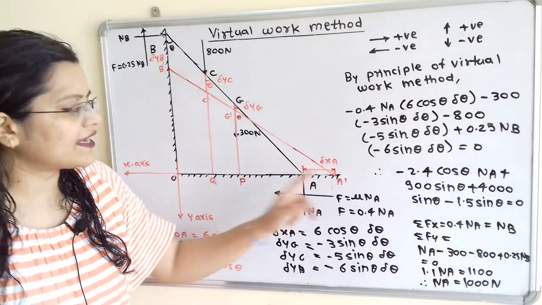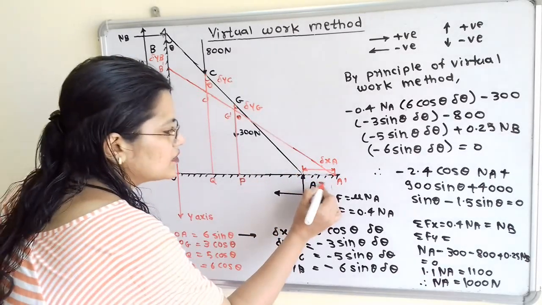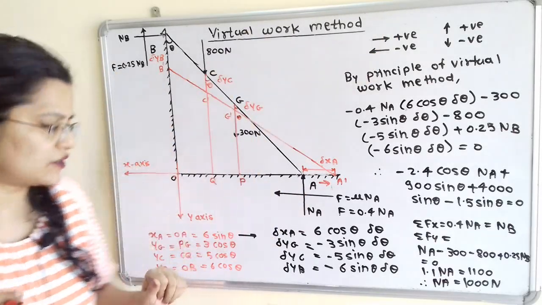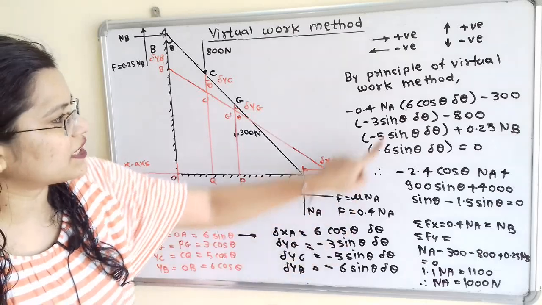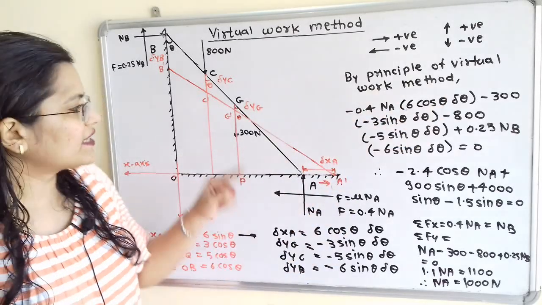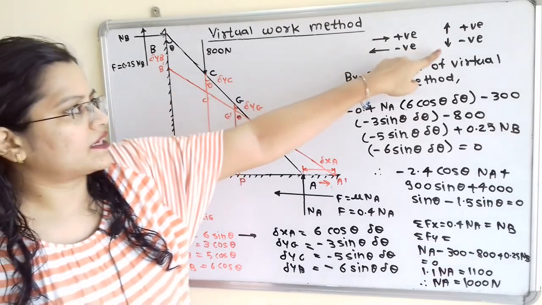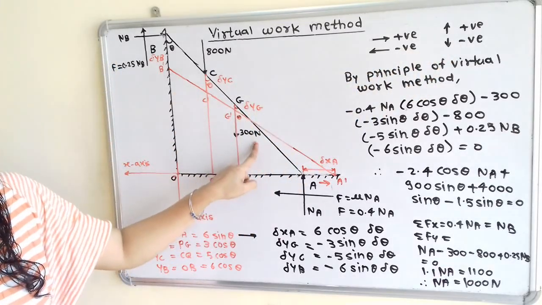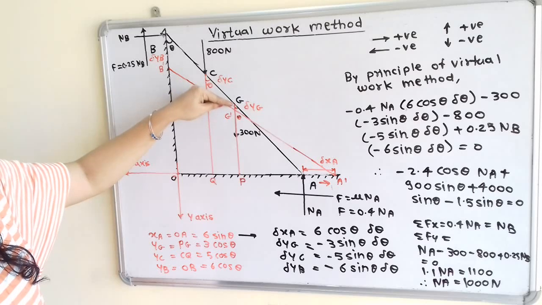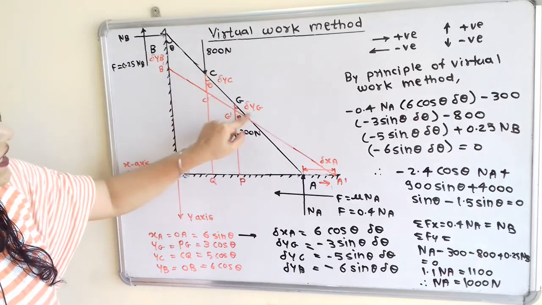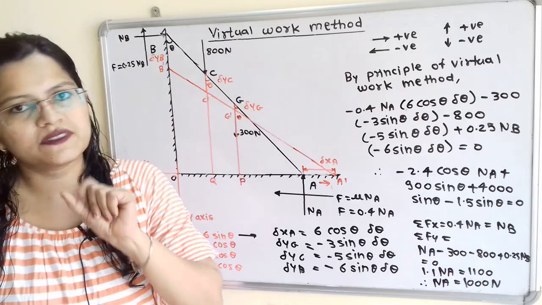So this delta XA direction is towards right hand side, so for right hand side direction we will use positive sign. So here 6 cos theta delta theta. Now next we will take this point G. So direction is downward direction. So we will take minus 300, and displacement is also in downward direction, so that this displacement delta Yg we have to consider with negative sign.